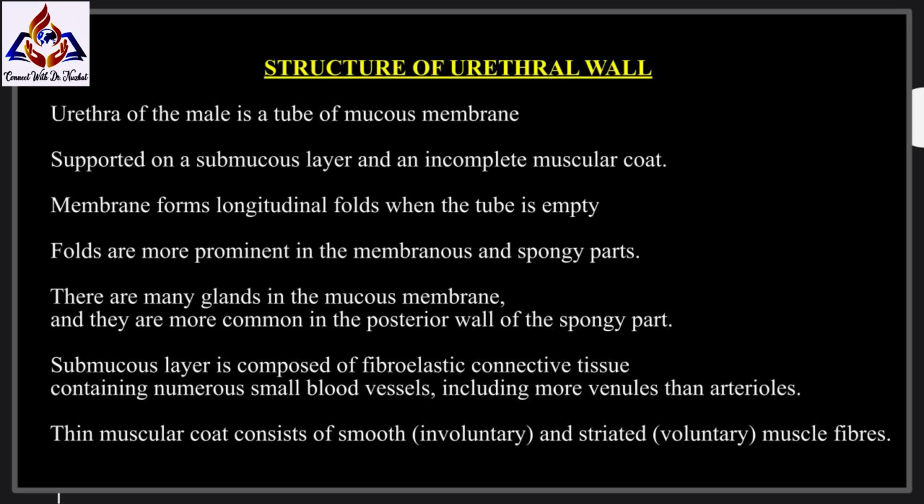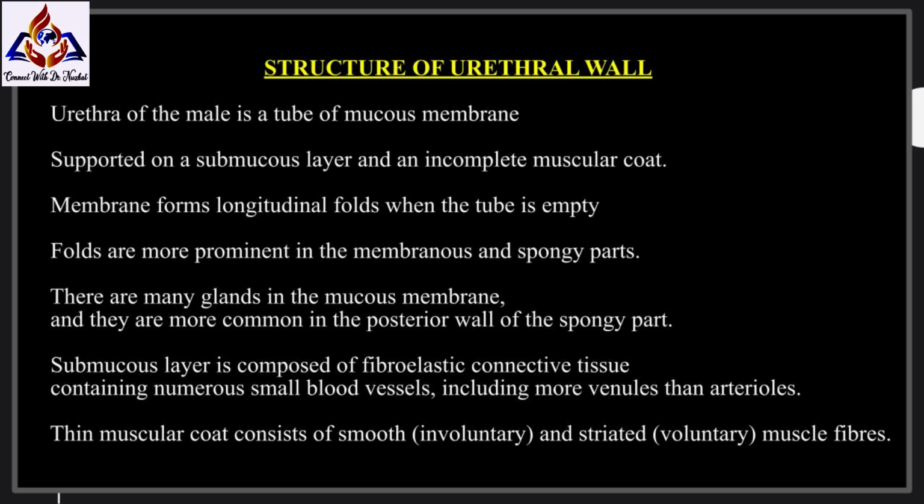These folds are more prominent in the membranous and spongy parts. There are many glands in the mucous membrane, and they are more common in the posterior wall of the spongy part. The submucous layer is composed of fibroelastic connective tissue containing numerous small blood vessels, including more venules than arterioles.